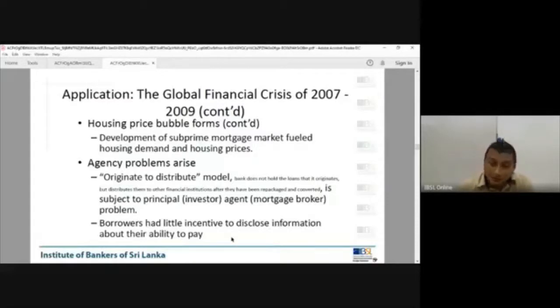Simply because, as we were mentioning, the prices were in one-way traffic, only increasing in the US during this period of time. So this has created a lot of so-called adverse selection all throughout. With adverse selection, moral hazard is naturally established. So what we have learned all throughout is repeating in these circumstances in the US during this period.